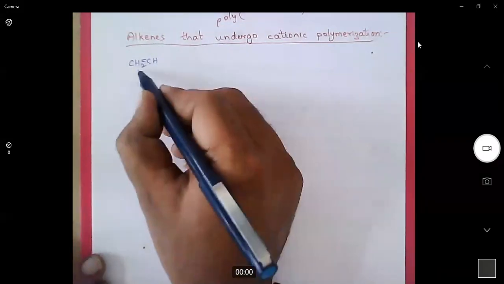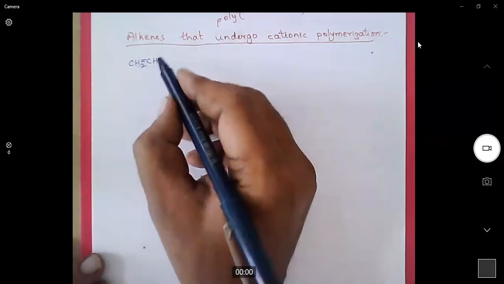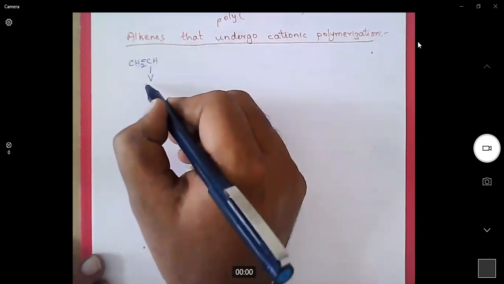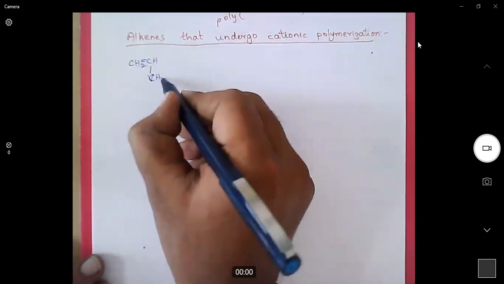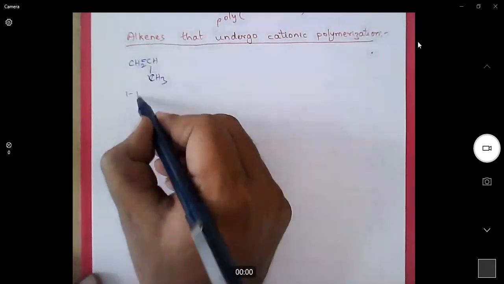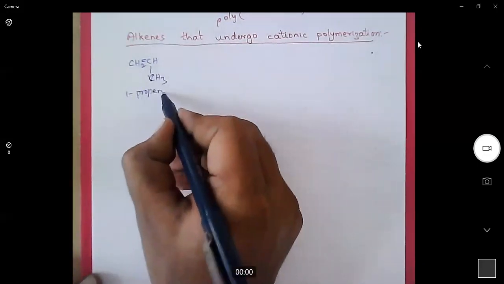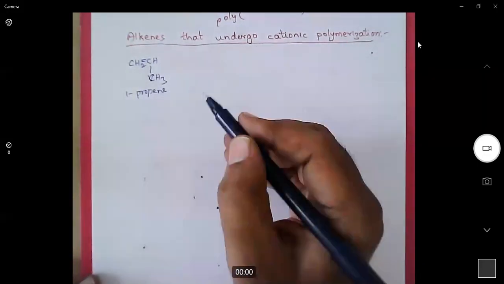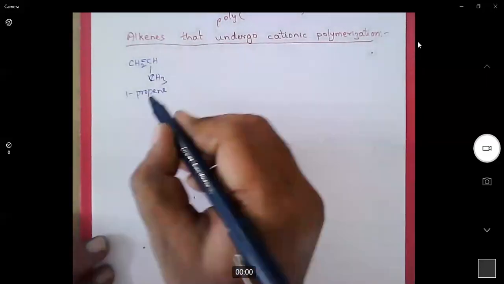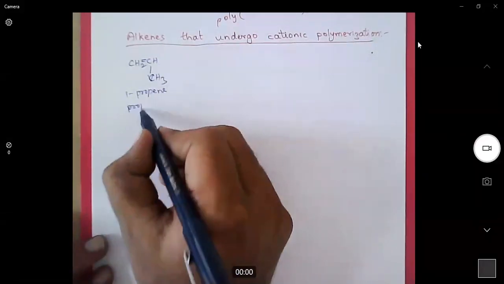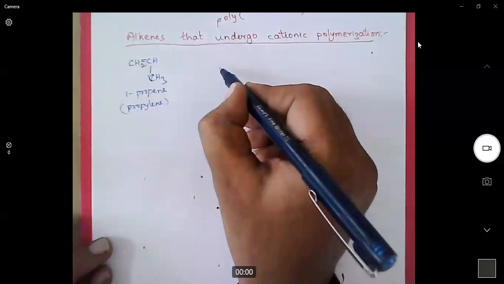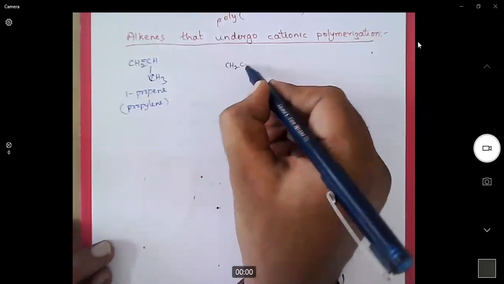With just 2 carbons, the short name is vinyl. 1-propene will undergo polymerization to give polypropylene. The common name is propylene.